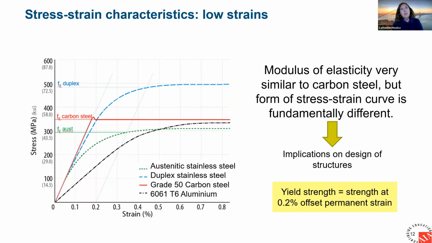It seemed a good idea too to point out some other differences. With carbon steel, we have a defined yield point. With stainless steel, we don't. This gives you a comparison at low strains of the austenitic and duplex stainless steels, carbon steel, and 6061 T6 aluminum.